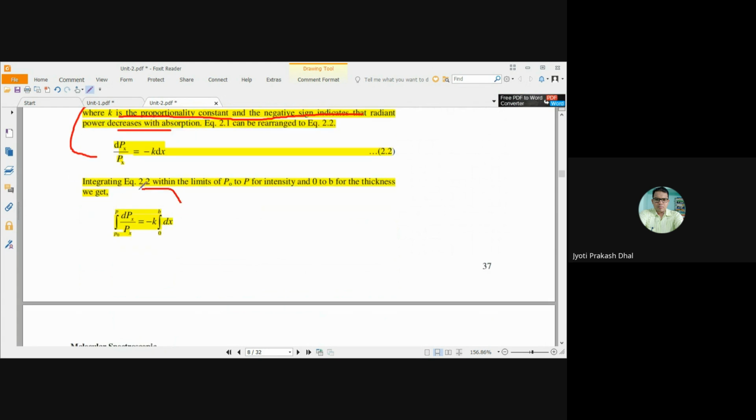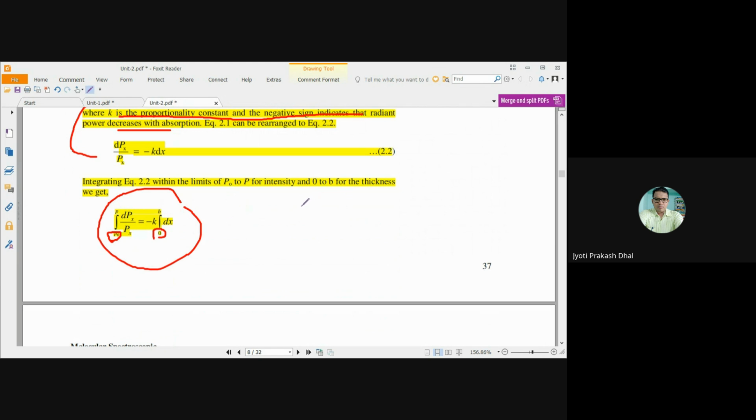If we take the integration on both sides with limits from P naught to P, the intensity will be P naught when the thickness is 0, and the intensity will decrease to P when the thickness is b.